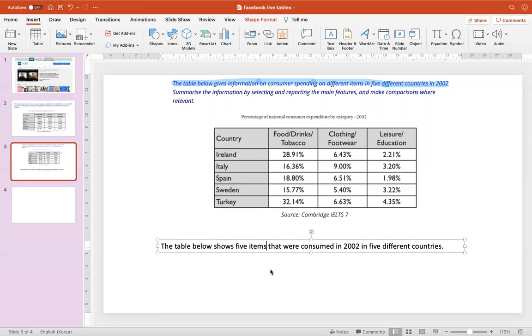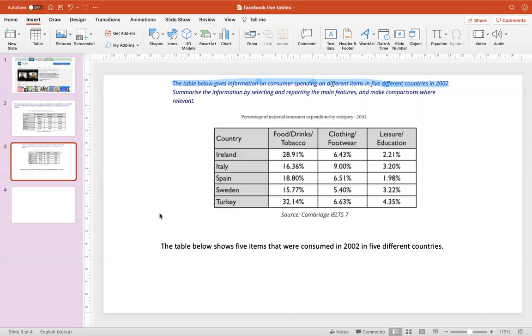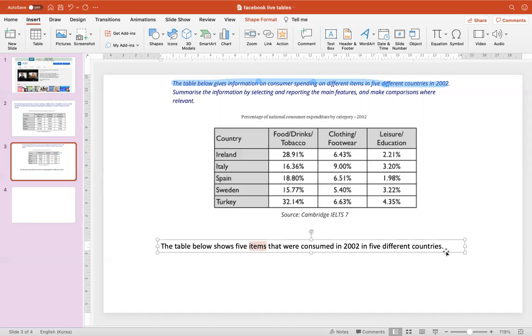For example, you could say the table below shows items, and then you list them off: food, drink, tobacco. You could do it like this, although I think it's too long in that case, right? But in some questions you'll have fewer things, and you can do that, and it makes sense. But in this case it doesn't make sense for us to do that, so we're going to skip it. We have our basically our introduction.